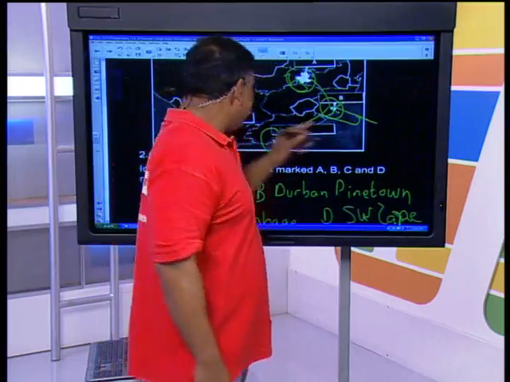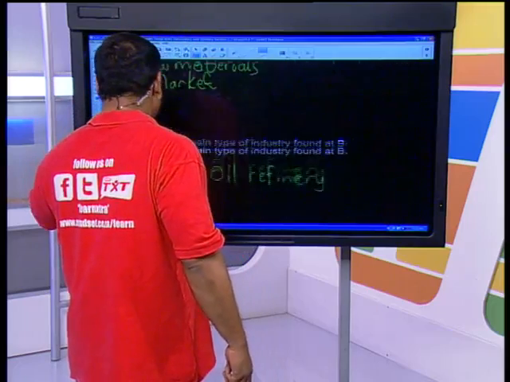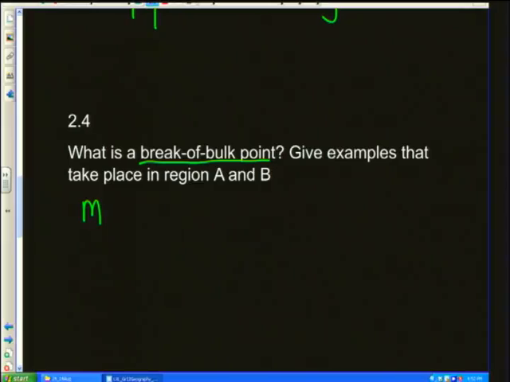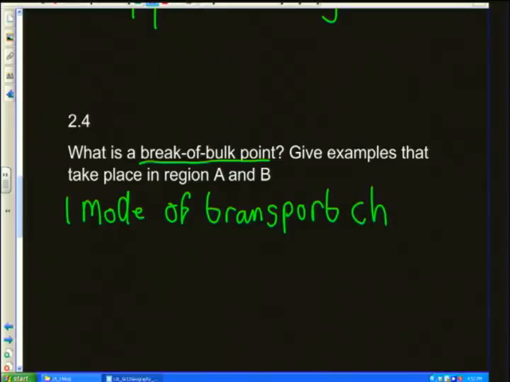All right? So that's your break of bulk explanation, where one mode of transport is changed to another. Okay? Example, your water transport changed to your rail transport.